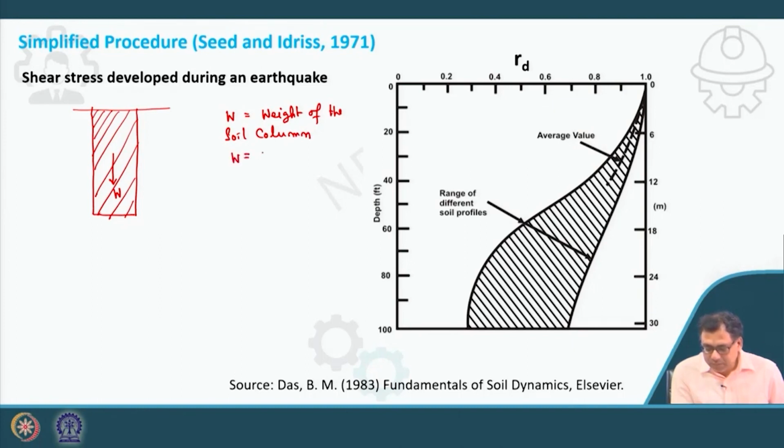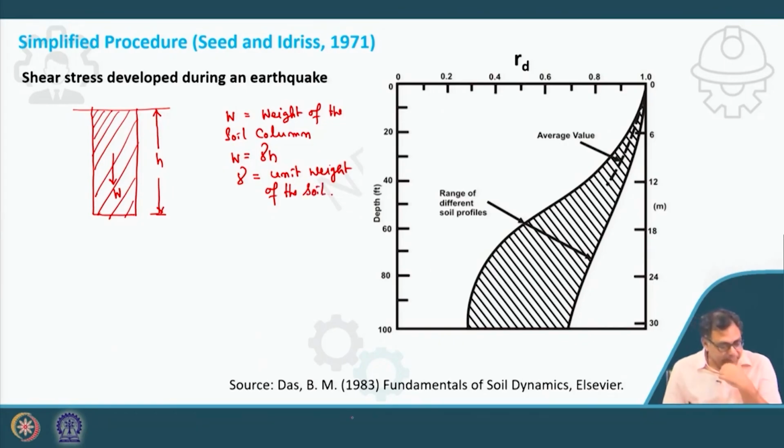W will be gamma into H, where H is the height of this soil column from the ground, and gamma is the unit weight of the soil.